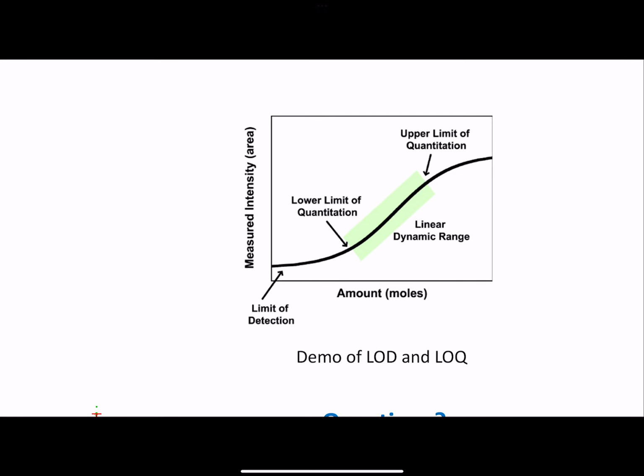So in this plot, this axis is amounts or moles, or we can understand it as the concentration of our sample. And this is the measured intensity, or we can consider it as the signal strength. In this case, we can see that the real functional relation is like this curve. So if the concentration is very large, then the rate of change will slow down.